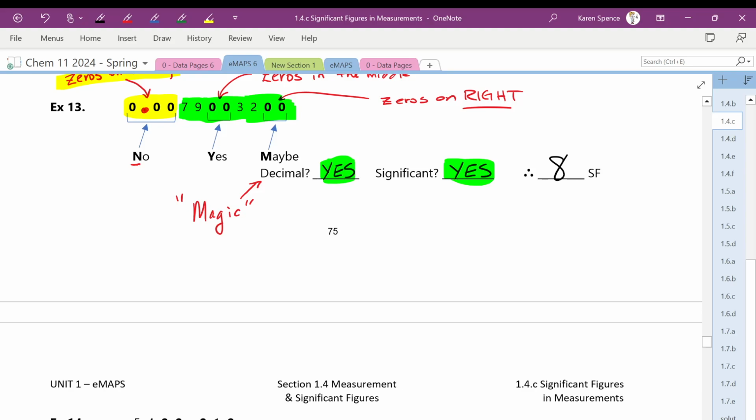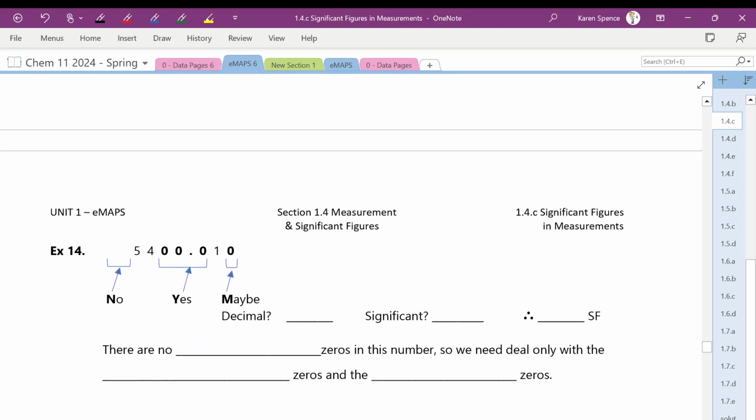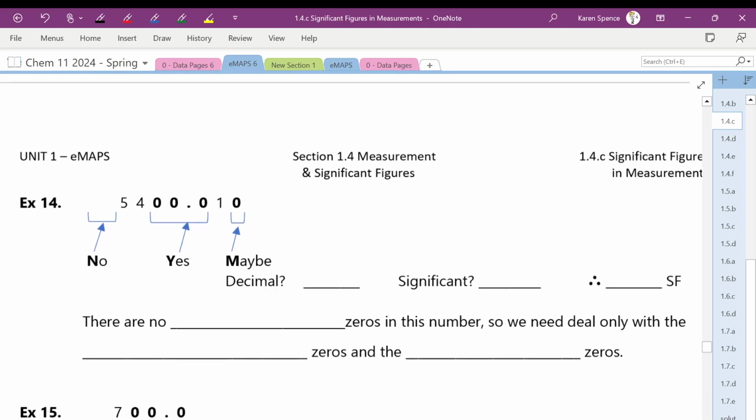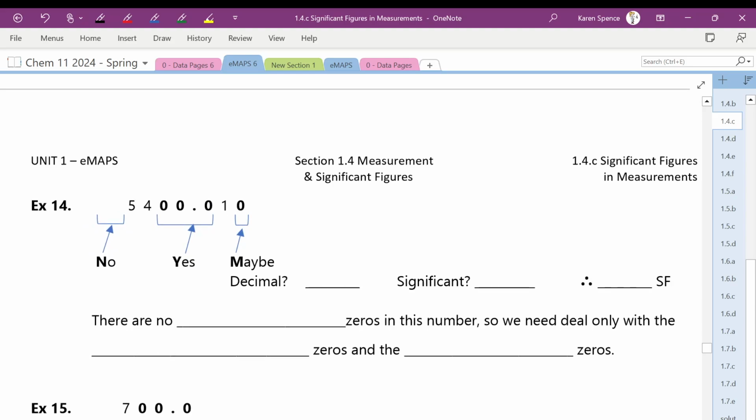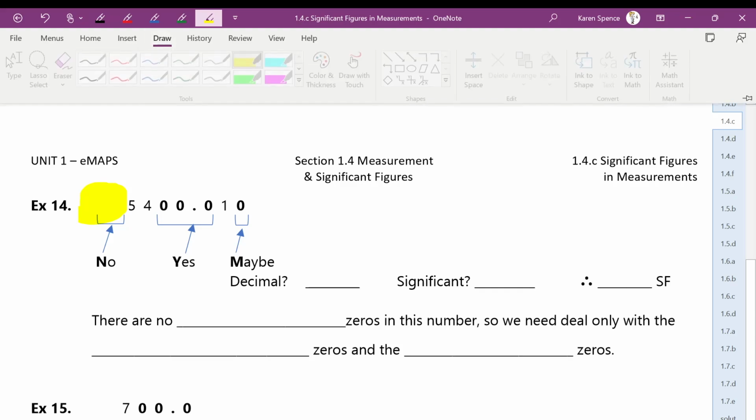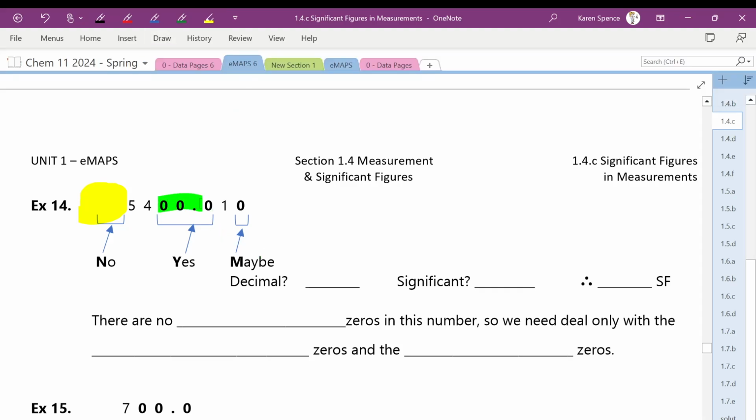Let's try number 14. Oh, look. There are no zeros on the left, so we don't have to worry about them. We do have zeros in the middle, and zeros in the middle are yes. And then we have those zeros on the right, and those ones are maybe.